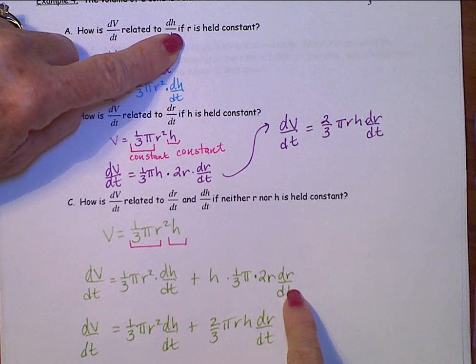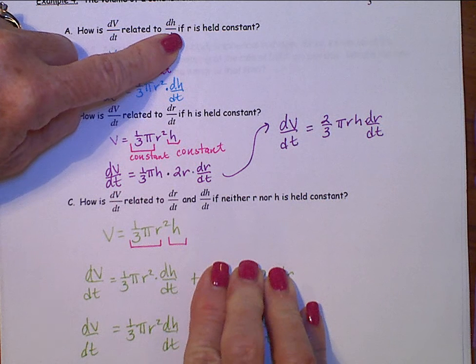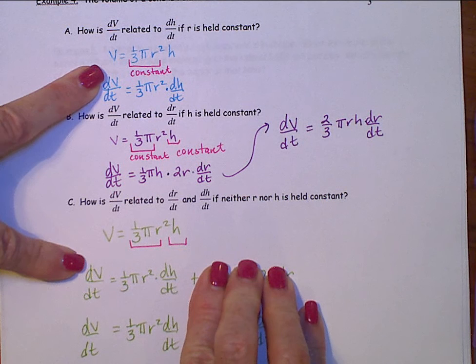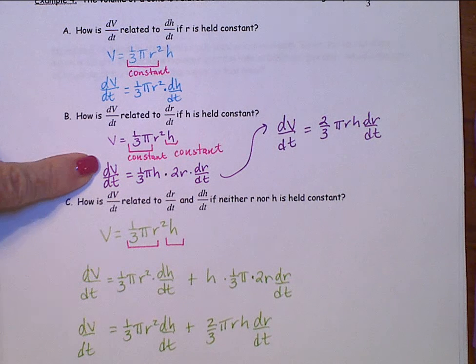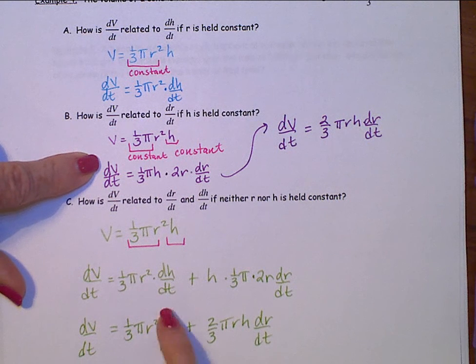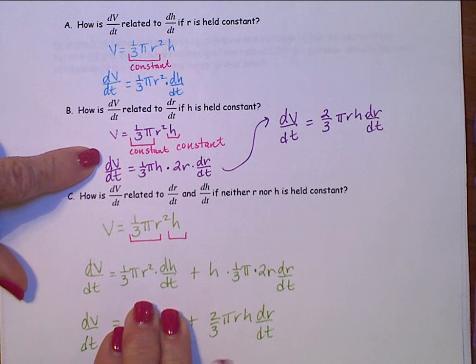The derivative of a constant is 0, so that part drops off, and then all that's left is the first part. If h is held constant, then when we did the derivative of the first times the derivative of the second, the derivative of that h would have been 0. So this piece drops off, and we're left with that much.